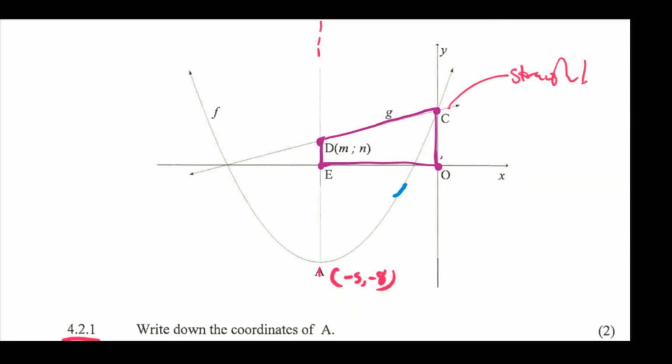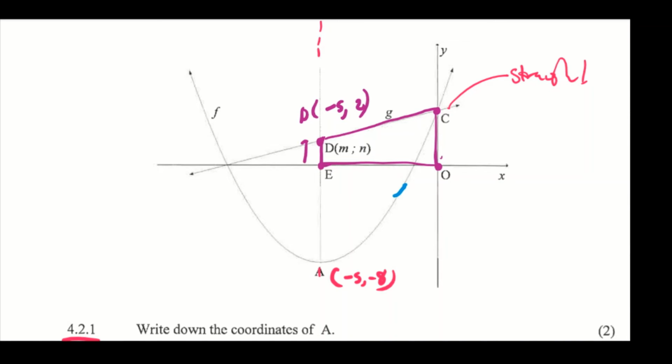The D we now know is equal to our m value of minus 5 and our n value of 2. So what this means is the height from E to D is actually 2.